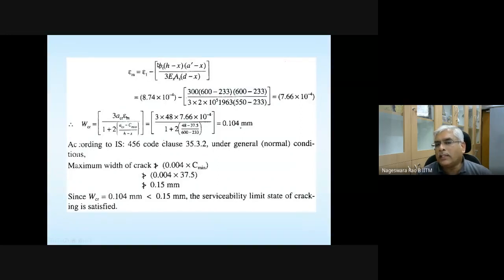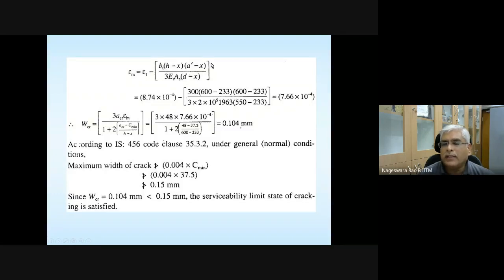So that correction is given in the code. I actually explained to you the exact formula, and also the code is giving some empirical relation. fcts divided by 2, it is approximating as 1 divided by 3. Based on that, you are going to get this correction factor.